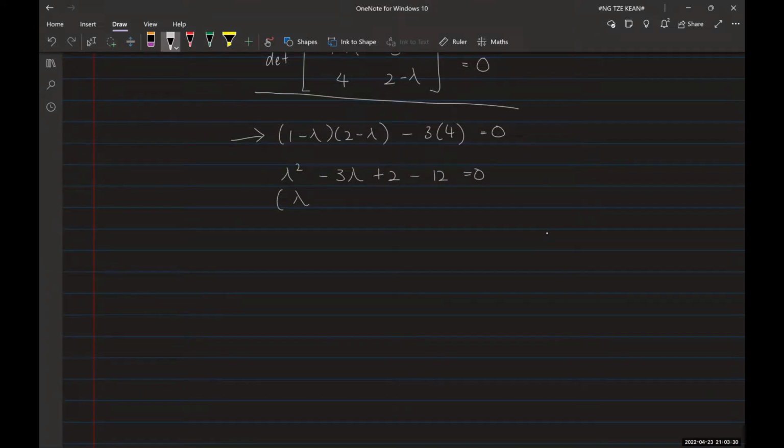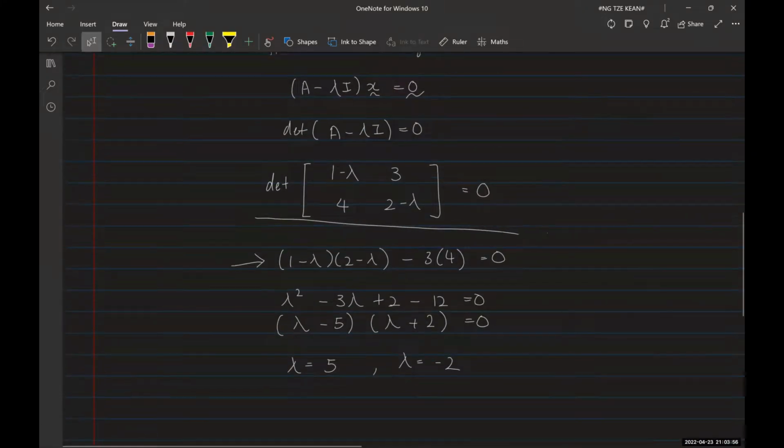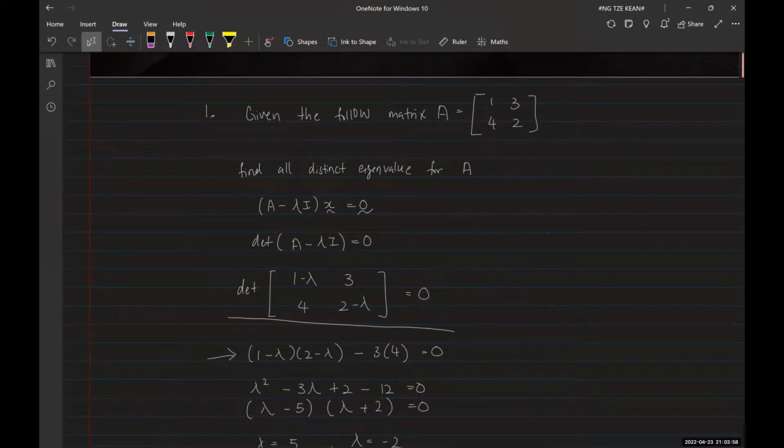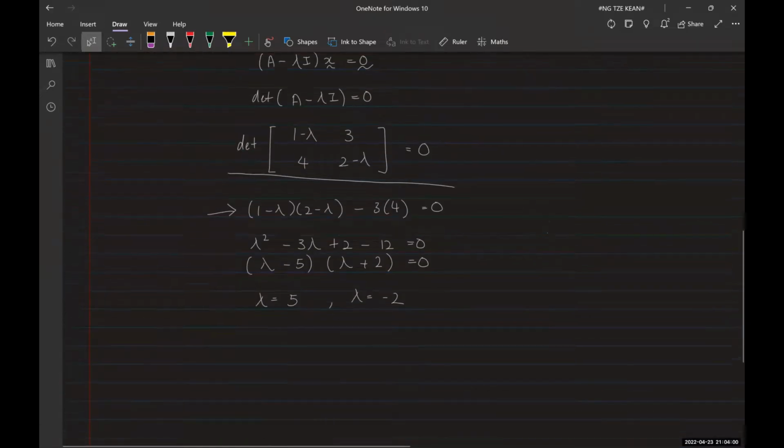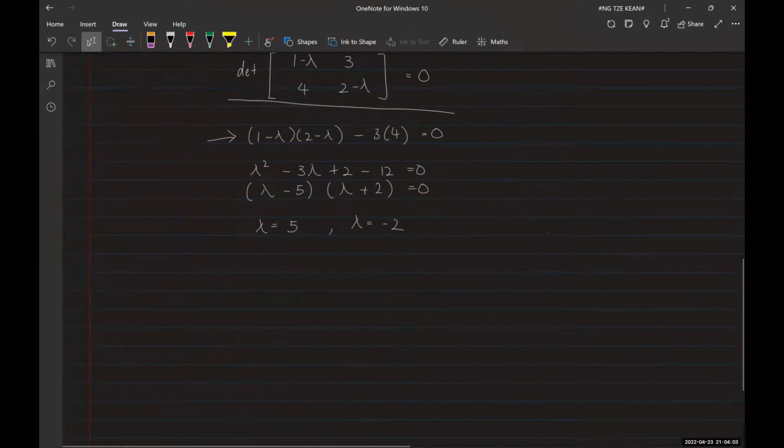We can solve: lambda minus 5 and lambda plus 2 equal to 0. So lambda is equal to 5. Sorry, this is not 3, this should be 2. Lambda is equal to minus 2. So these are the two eigenvalues that we will obtain for the matrix A. So matrix A will have two eigenvalues. Okay, moving on to the next question.